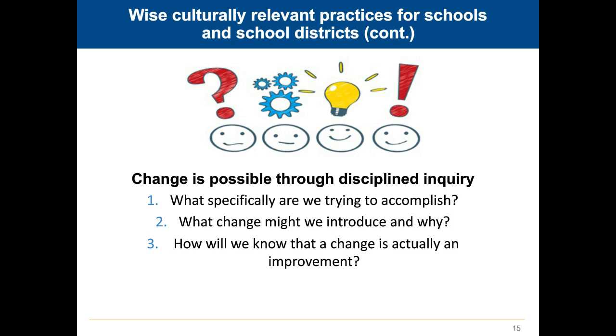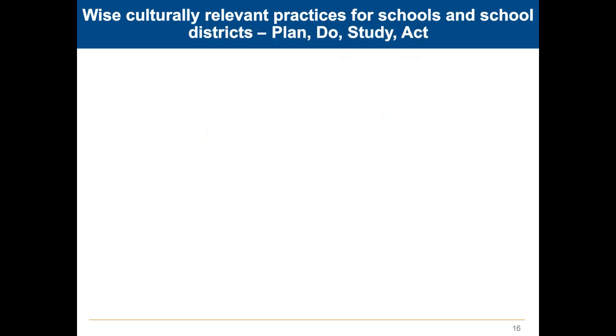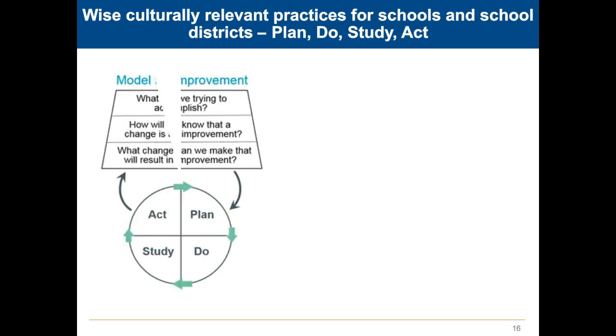So we want to make sure that as we ask these three questions, we are trying to be disciplined and that we're not overreaching. So I bring to bear, and many of you are familiar with, the Plan, Do, Study, Act model. For those of you who need more information on this, we have some resources that I'll go into a little bit later on, but one of the gurus of this is Anthony Breck, who does some great work with the Plan, Do, Study model.